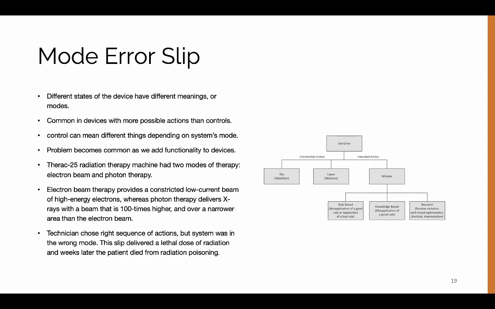That is, try to make it so that the same controls do not do two different things in two different kinds of situations, like that with the Therac machine or that with the caps lock. It's not always possible, and it gets even tougher as we miniaturize devices and have fewer buttons on things. But especially in cases where people could be injured, it's really important to avoid that kind of thing.